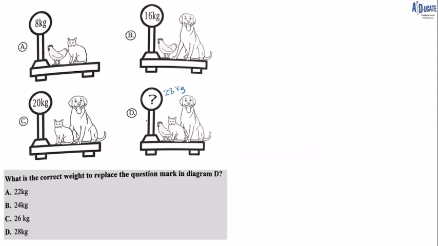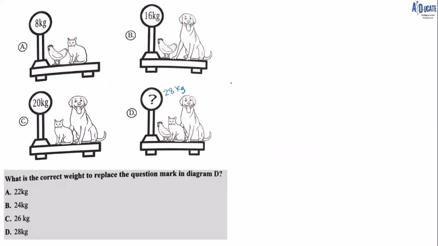Look at C. The only difference now is that we're taking off the rooster, and we have a cat and a dog weighing 20, which means the rooster added how much? 8.